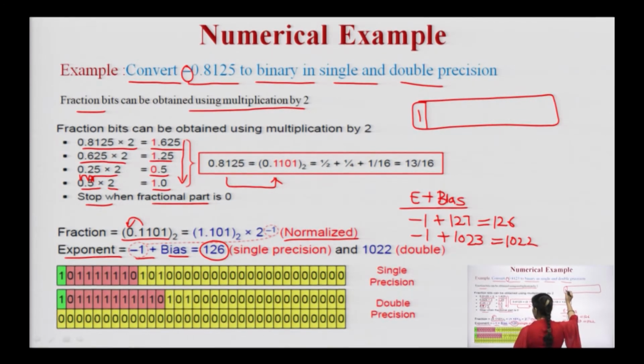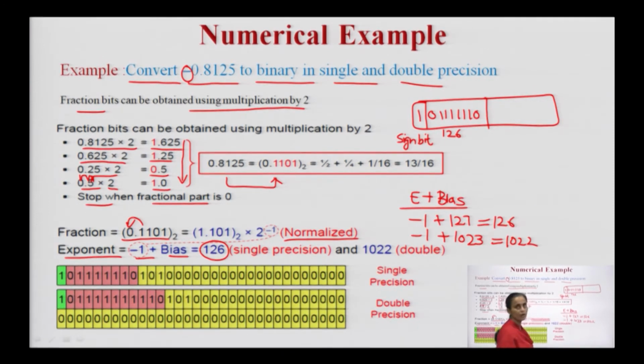The binary for that is 0, six 1s, 0. This is 126. This is my sign bit, because my number is negative, so I have written here 1. Then the third part is my fraction part.